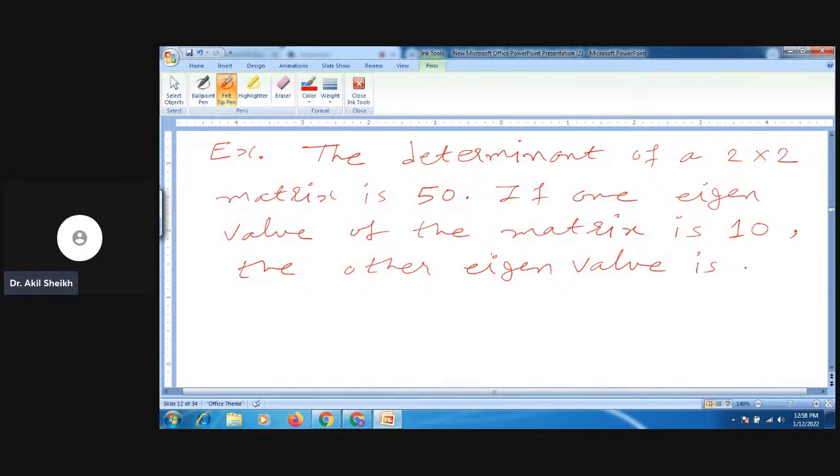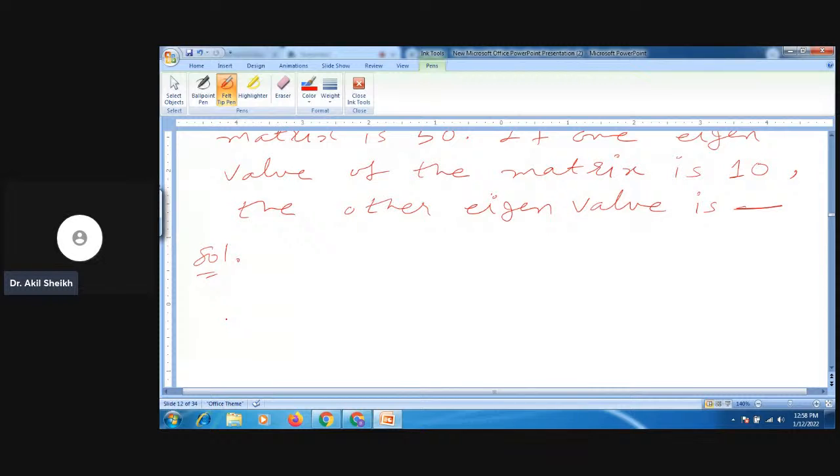Options are not given. We have to find the answer.